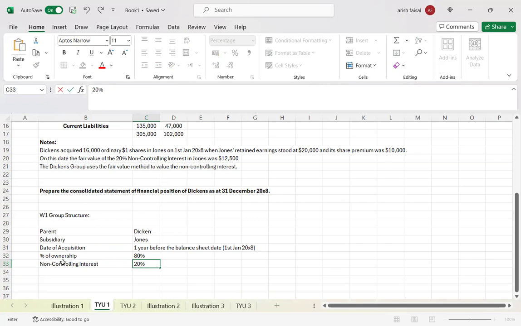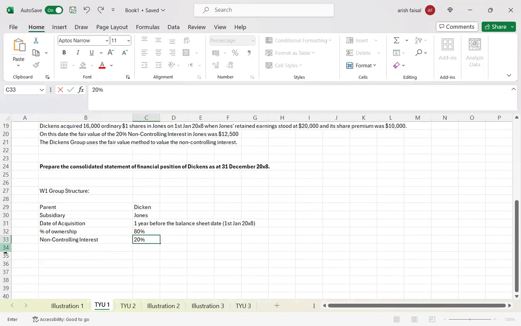Now, once you have prepared the group structure, which includes who's the parent, who's the subsidiary, what's the percentage of ownership, and from what date you actually own the shares, it's time to move on to the next working, which is to figure out the net assets of the subsidiary, which is the Jones company in this question, at the date when you are acquiring the company, and then we also need to find out the net assets of the Jones company, your subsidiary, when you're preparing the balance sheet.